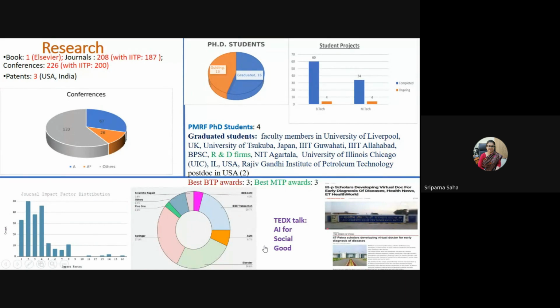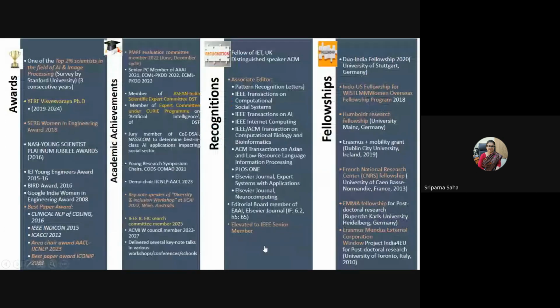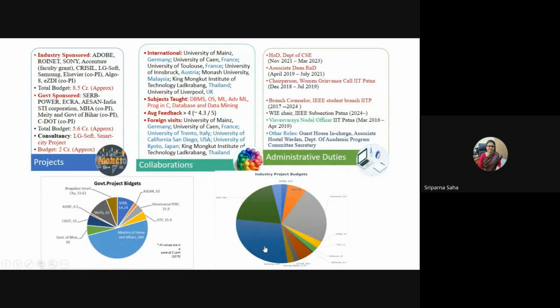These PhD students are working on cutting edge research problems of natural language processing, machine learning, deep learning, and many societal problem statements. We have tie ups with many industries like Sony Research India, Adobe, Accenture, Crisil, LG Soft, LCVR, Roynet, and Microsoft.